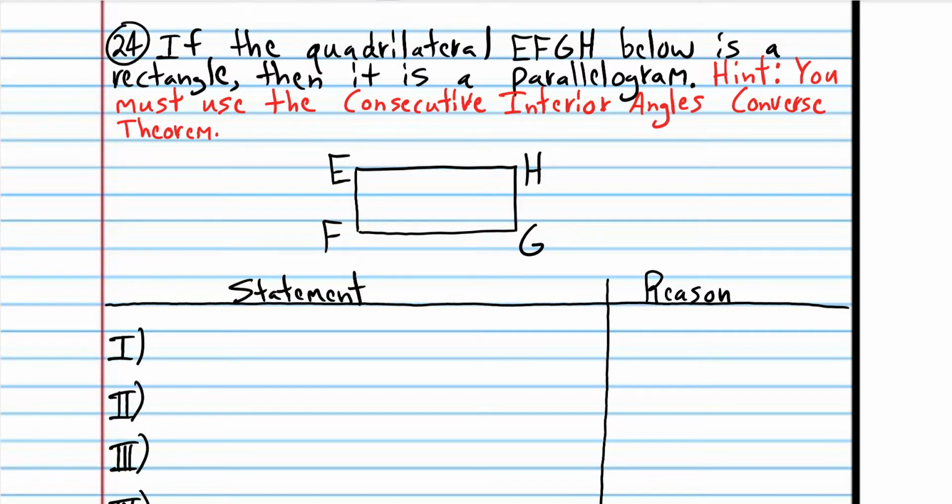And the way that we're going to do that is we're going to consider that all the angles in a rectangle are right angles by definition. Now, we don't need 4 angles. We can just use 3. So just pick any 3 angles. And we're going to start with 2 angles and say, because these are both right angles, that means the measures are 90 degrees. And if you add them up, you get 180 degrees.